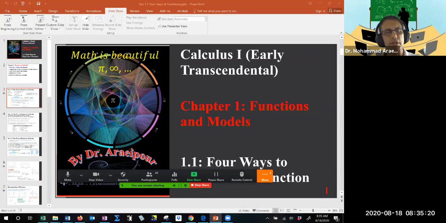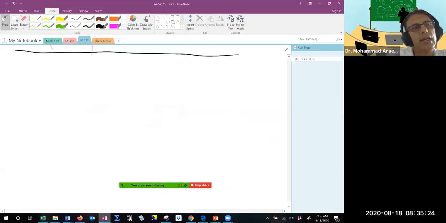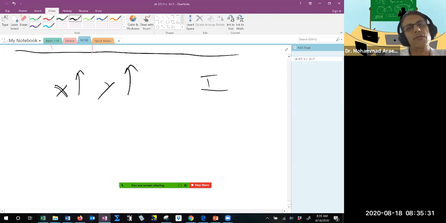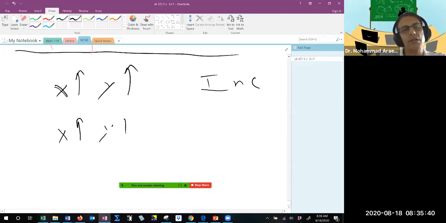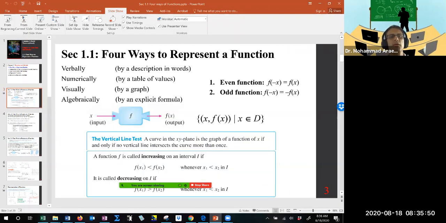The easiest way to look at this concept is when x increases, y increases. This is an increasing function. And when x increases, remember, as we go from left to right, x increases, and what happens to the y? If y decreases, then we say it's a decreasing function. So that's as far as the basic concept is concerned here.